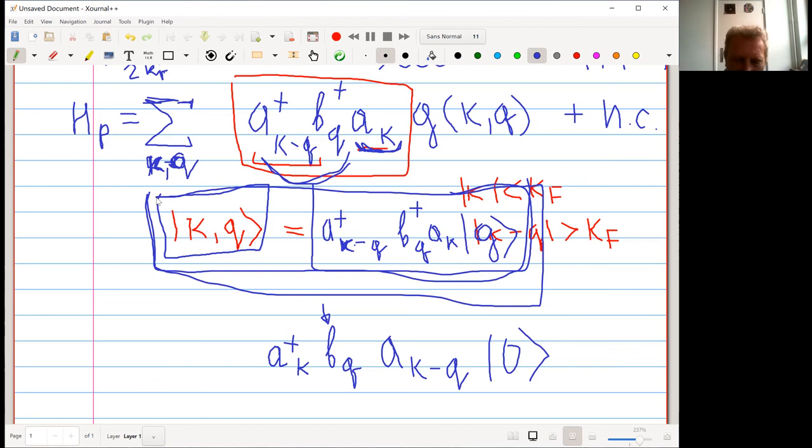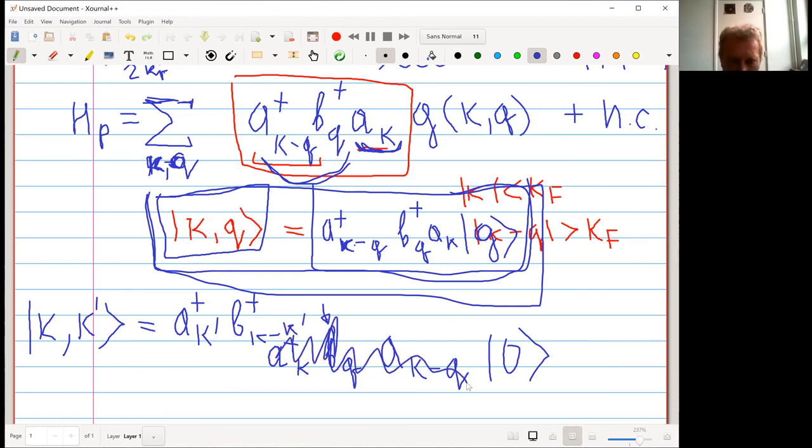That's one possible labeling. I could, for instance, do the following. I can label it with two wave vectors of electrons, and I would write it as a dagger K prime, a dagger K minus Q, and what else? a K, all working on the ground state.